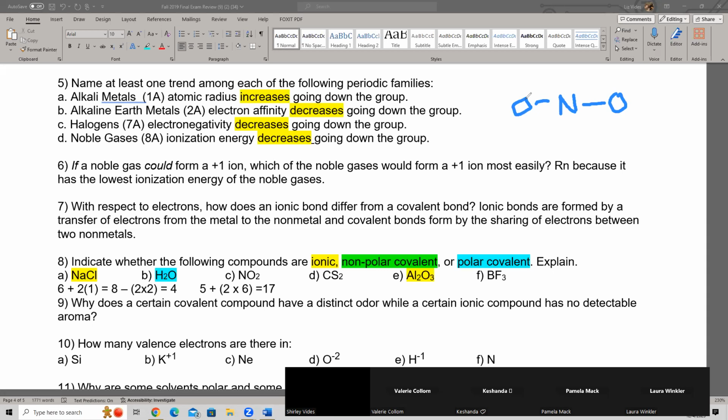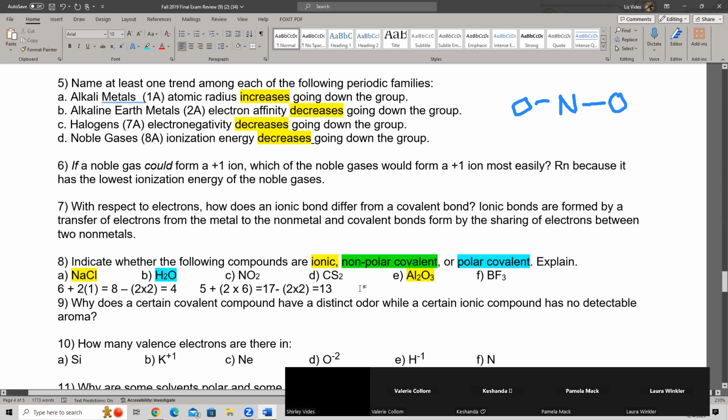Now we used 4, so we'll just subtract 4 from that. And like I said, 2 times 2, because it's 2 electrons per bond. So that's why I do that 2 times 2, which is 4. That gives us 13.